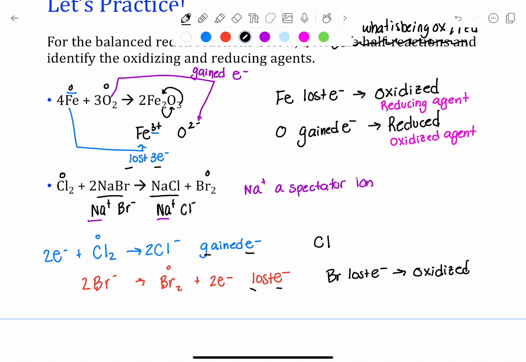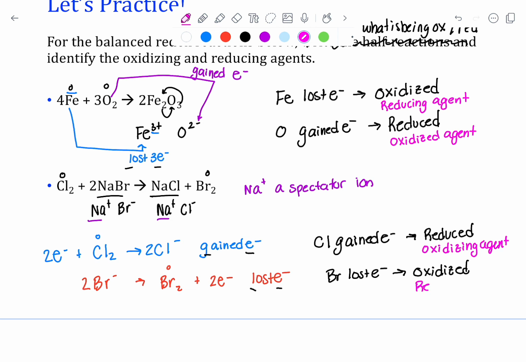So Cl gained electrons, so it's being reduced. If it's being reduced, it is then the oxidizing agent. And if it's being oxidized, it is then the reducing agent.